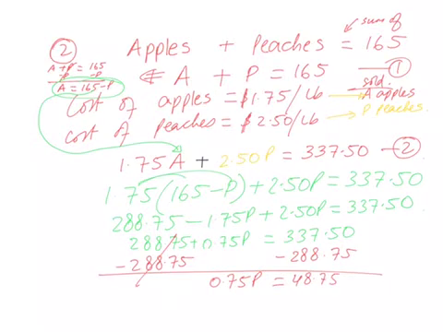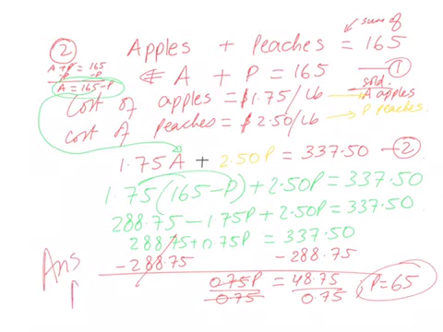And then we want to get rid of the 0.75, so we divide by 0.75 on both sides. So what's P? 65. Answer A. Or, sorry, answer 3. That's my mistake. It should have been answer 3. Okay, so let's remove this. Answer number 3 is our solution. P is 65. Cool.